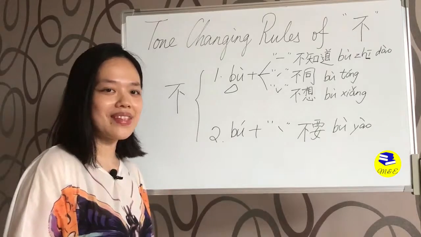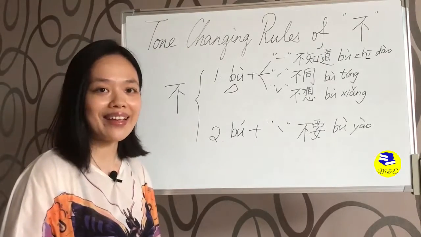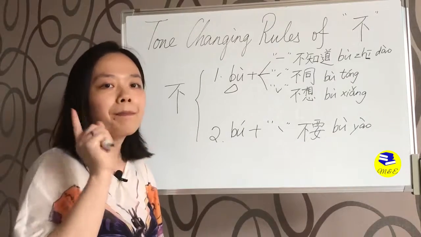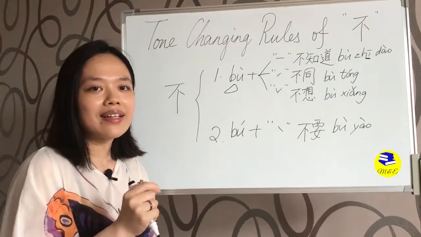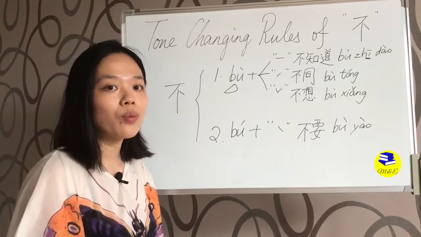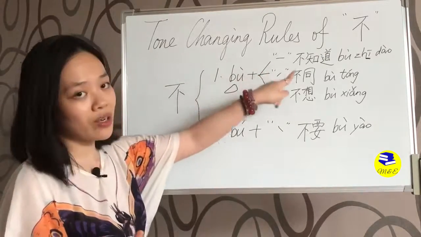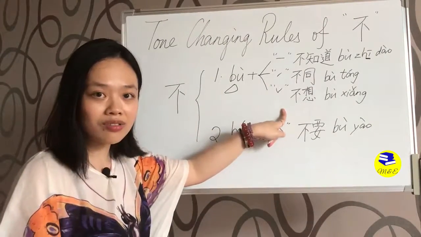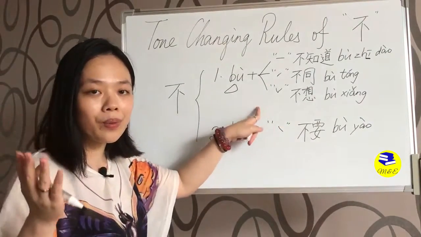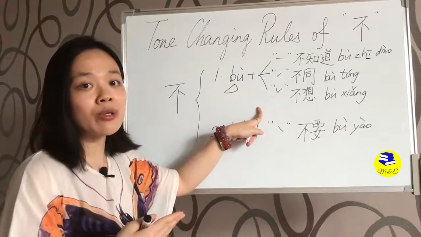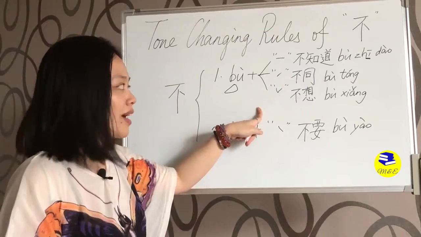right? So let's review again, okay? Review again. When 不 follow with a character which tone may be first tone or second tone or third tone, 不 still keep its original tone, fourth tone, right?